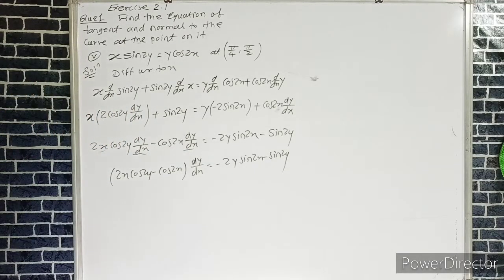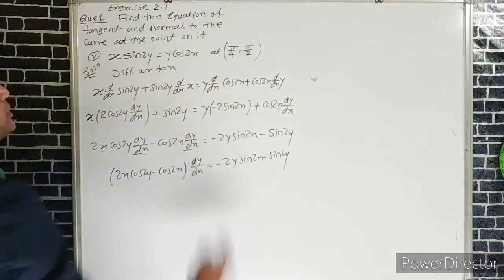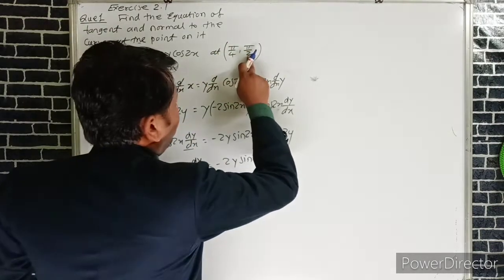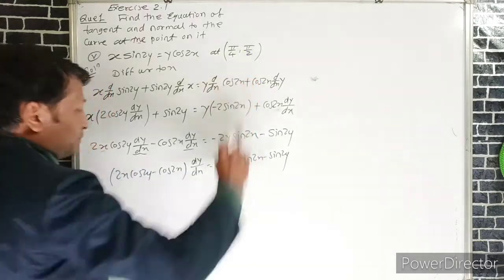Here we know that the value of x is pi by 4 and the value of 2x is pi by 2. The value of y is pi by 2, and the value of 2y is pi.